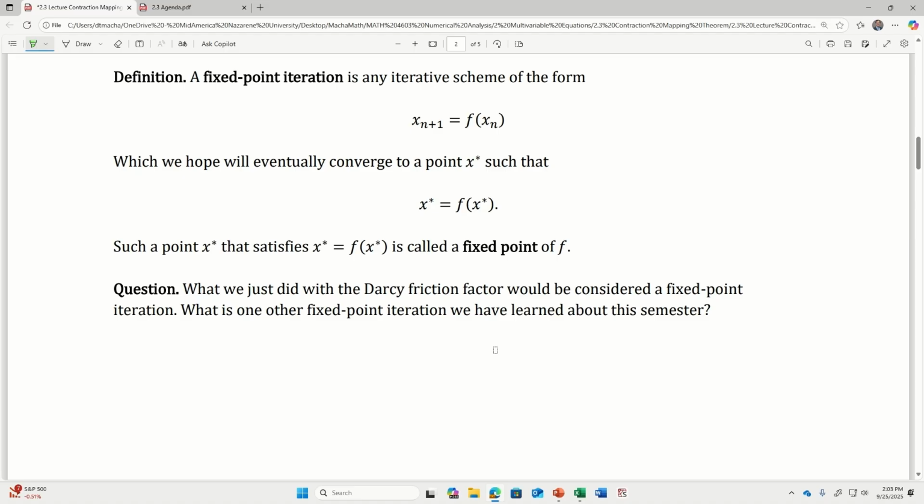No. I'll tell you, bisection method does not fit the definition of a fixed point iteration because the bisection method calculates your next iterate based on the previous two iterates, right? Like it's based on a lower bound and an upper bound, not just based on the previous iterate.